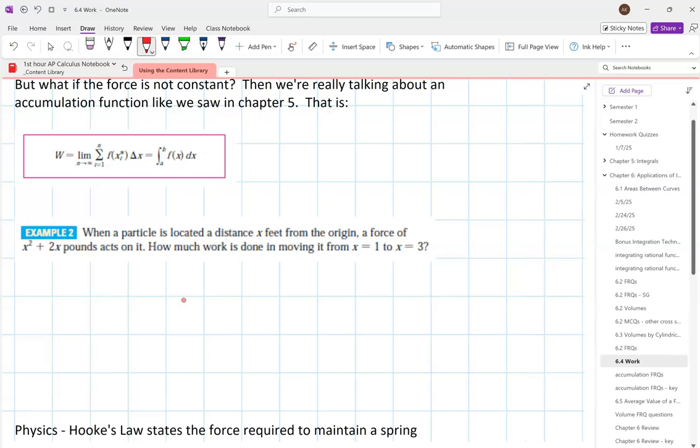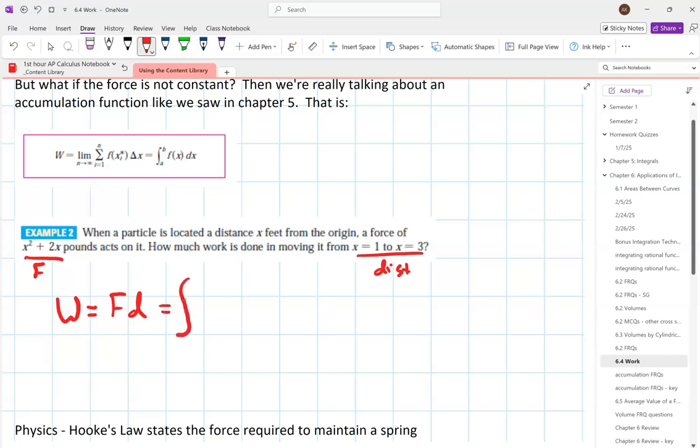So what we're going to do is think about this still as force times distance, right? So the force in this case is the x squared plus 2x, and the distance is still going to be dictated by going from 1 to 3.